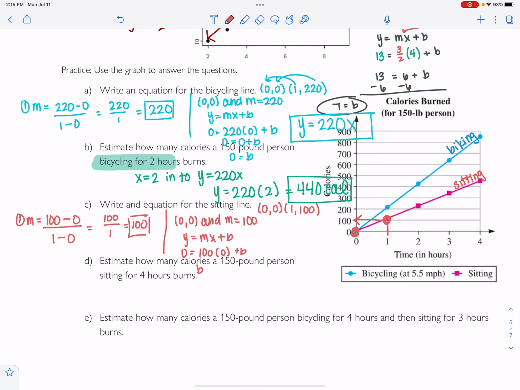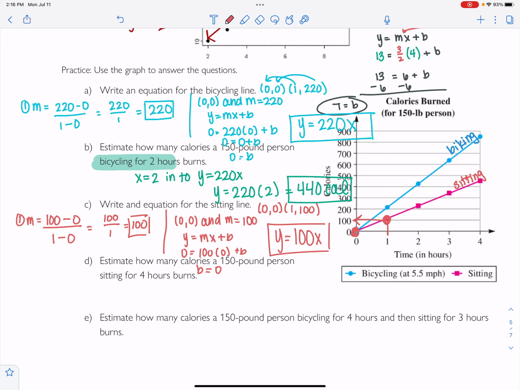And so again, this one is going to give me a b of 0. So my equation is going to be y equals 100x plus b, which is 0, and I don't need to write that. So my equation is going to be y equals 100x.